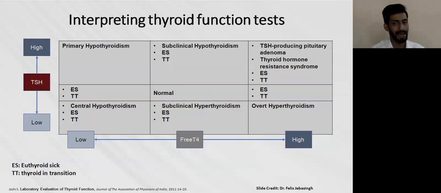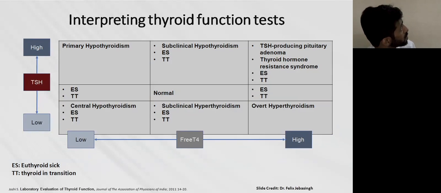Taking it slightly higher, this is what we would see in actual practice. Because we don't really get patients who fit into these algorithm boxes always. But if we try to put them in 6 boxes of high, low, normal of TSH and FT4, this is how it would come.